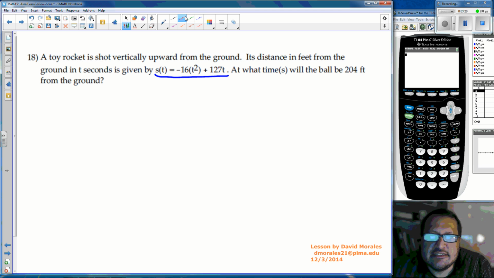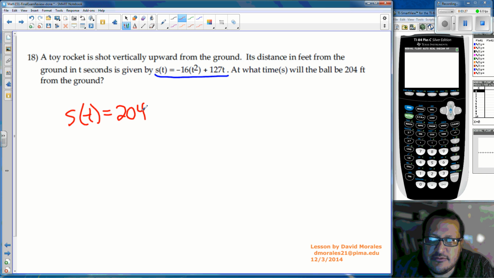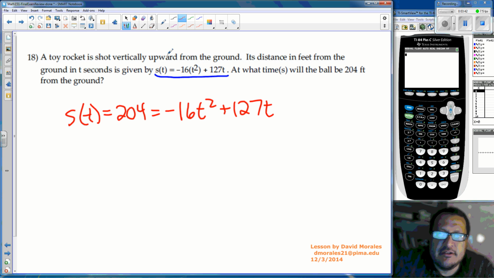So in this case, we have s of t equals 204. And this s of t is also equal to this right here. So here we have our math problem. This is equal to 204.